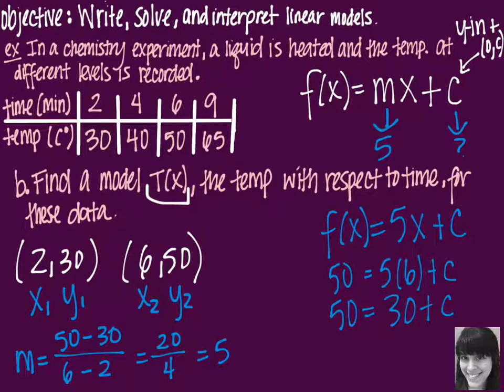Okay? So if I want to move 30 to the other side, some of you guys just go ahead and move it over, but I'm going to show you that I'm subtracting 30 from both sides, and this 30 and this 30 go away because 30 minus 30 is 0. So I get 20, because 50 minus 30 is 20, equals C.